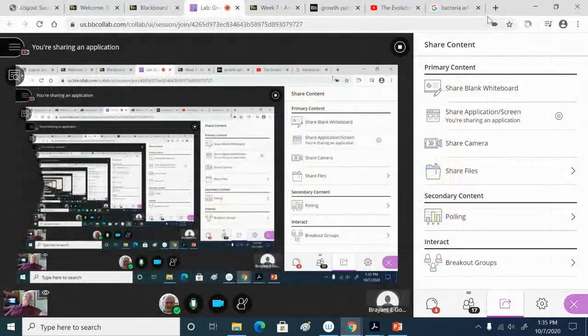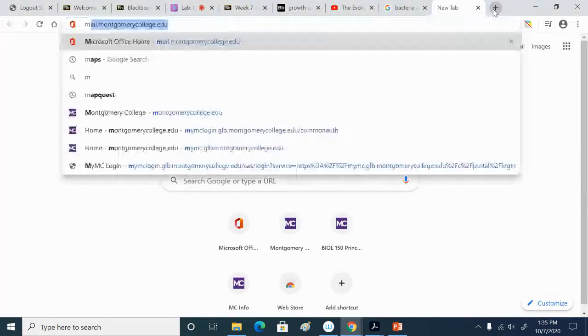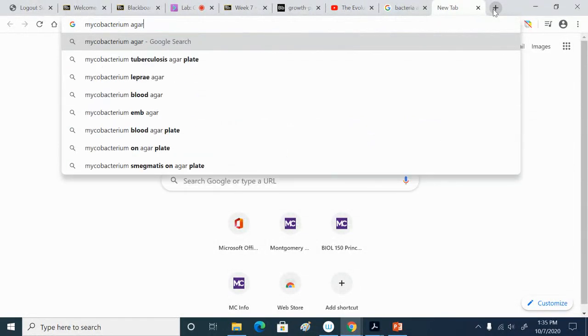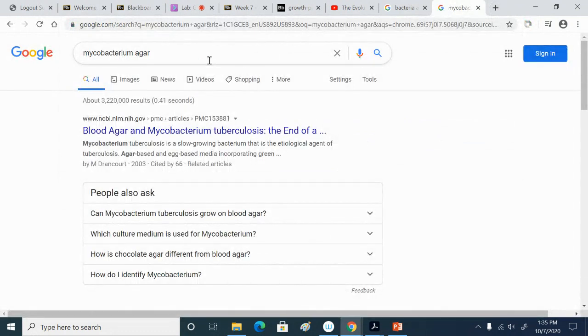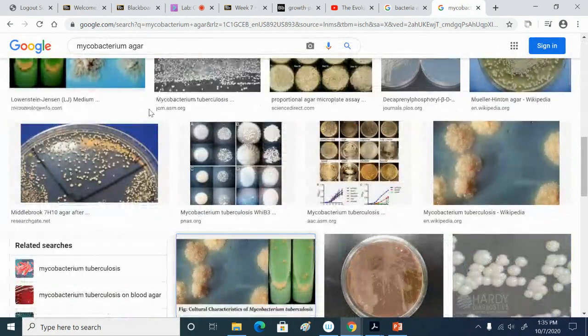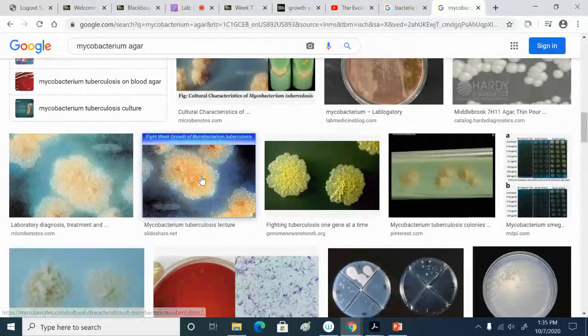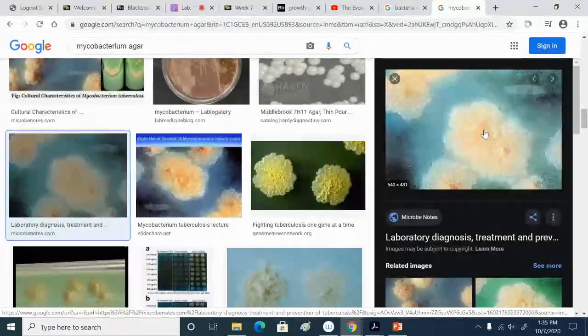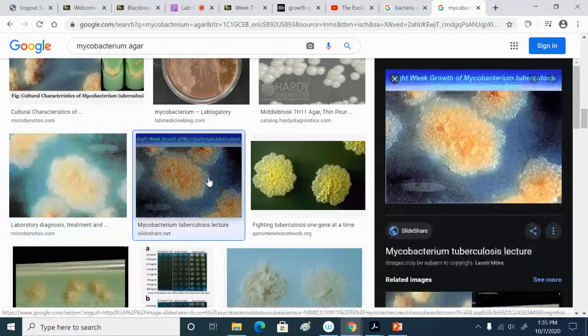I don't know if I can find it. Yeah, here you can kind of see, it's kind of dry looking. So it's not shiny or slimy looking. It's dry. And you also notice something else.